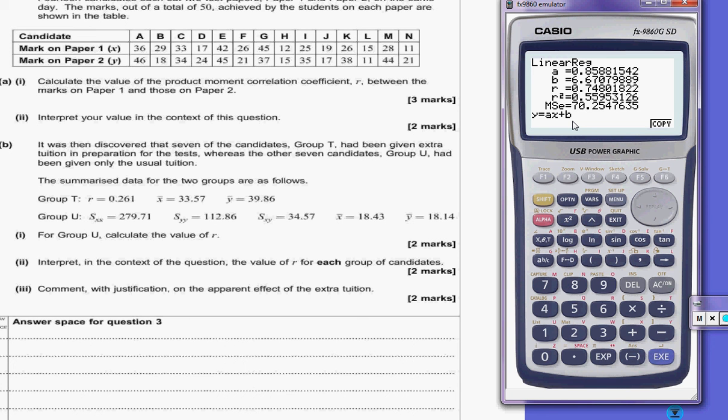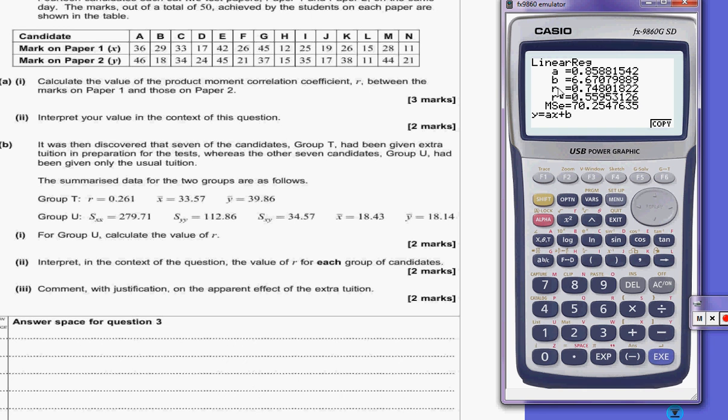In this case it doesn't matter which one you choose, because we're only interested in the product moment correlation coefficient R. Now the calculator gives you R and R squared, and MSE, the mean squared of the errors. R squared and MSE are values that we don't need. Ignore them.